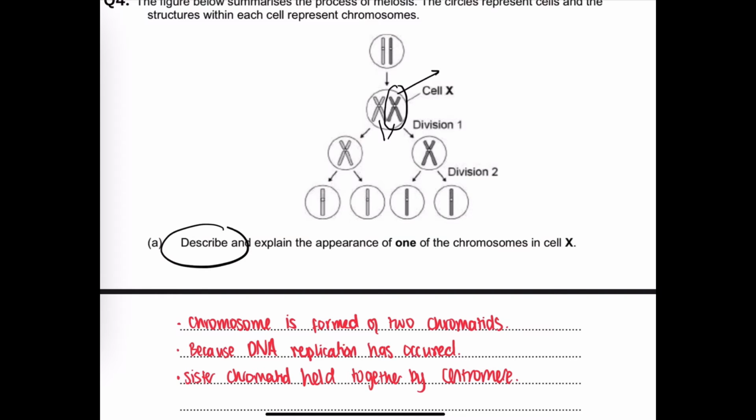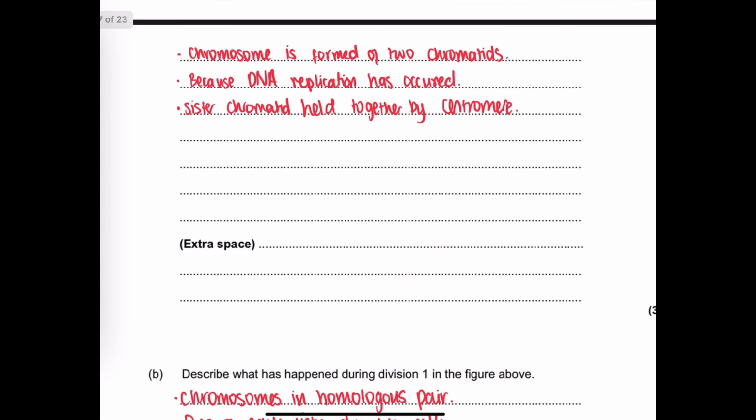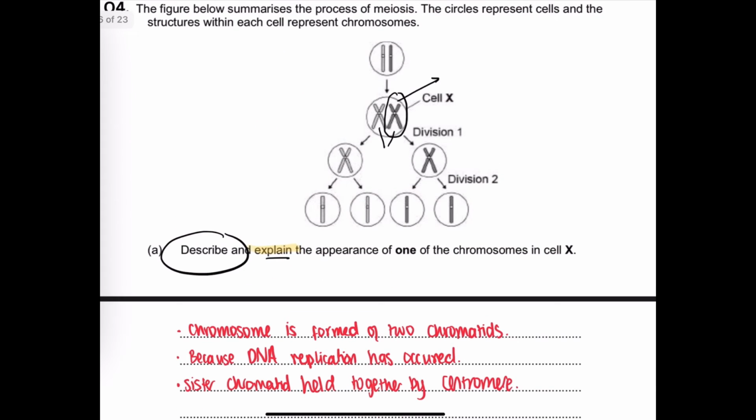It says describe. Describe just means we say what we see, but because it also says explain over here, we need to say why it looks like that. Especially since it's 3 marks, we know we're going to get 1 mark at least from explaining. You can see over here there are 2 chromatids, and these are joined together with this dot over here, and that is called a centromere.